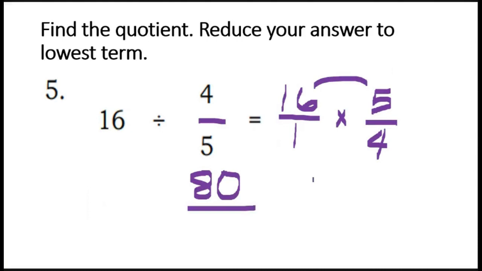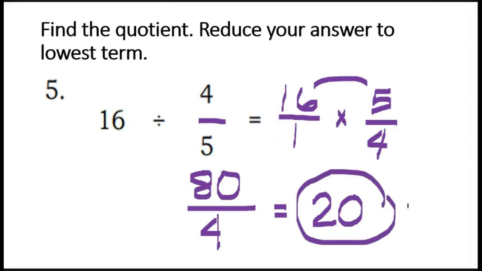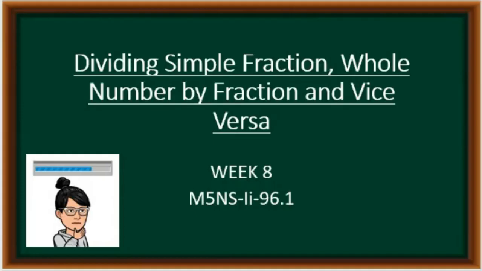And then 1 times 4 is 4. And then 80 divided by 4 is 20. And that will become our final answer. That's it. And that's the end of dividing simple fraction, whole number by fraction, and vice versa.